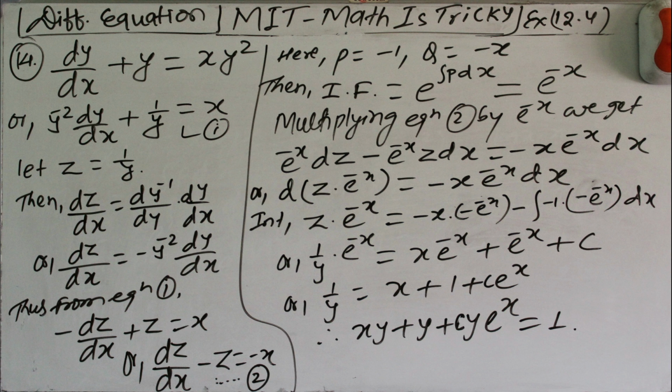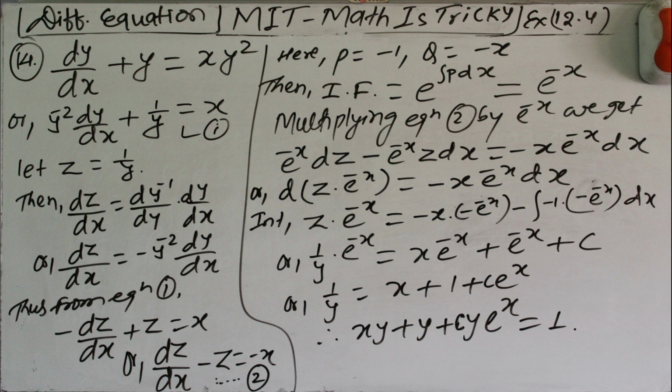Now in this case, as we discussed at first, we'll suppose z equals 1 by y, and then we'll differentiate this with respect to x, so as to get minus 1 by y square into dy by dx, that is minus y power minus 2 dy by dx, that is minus dz by dx equals y power minus 2 dy by dx.